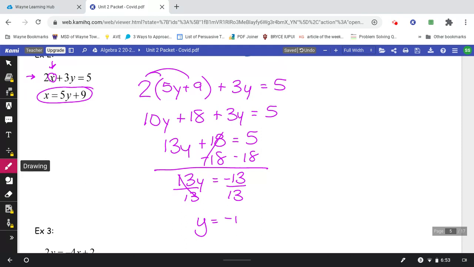All right, so once we have one of our answers, we can go back to one of our original equations and we can plug in our y. Again, the easiest place is going to be right there. X equals 5. Plug in the y, -1, plus 9. All right, take a moment, solve that out for x.